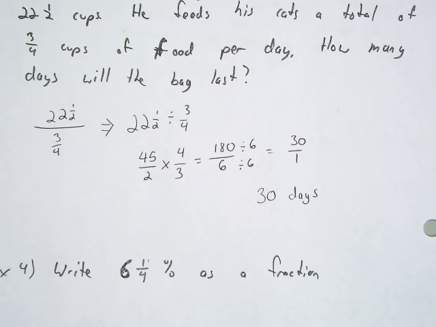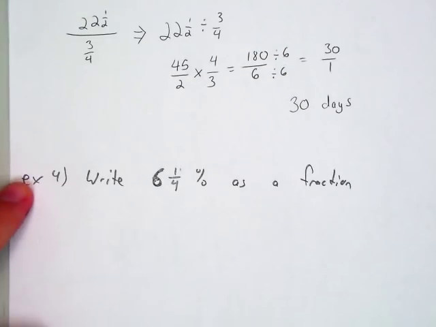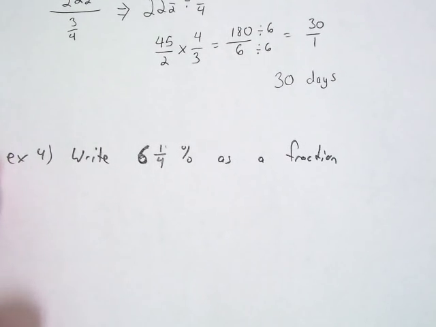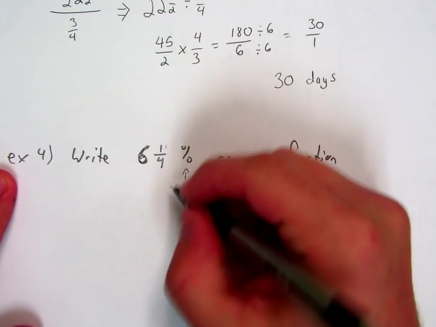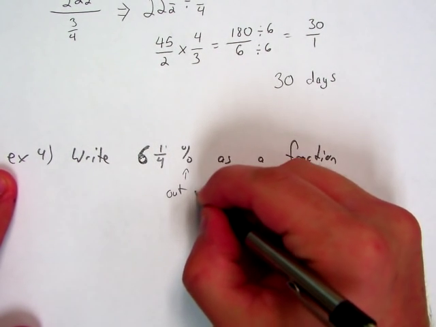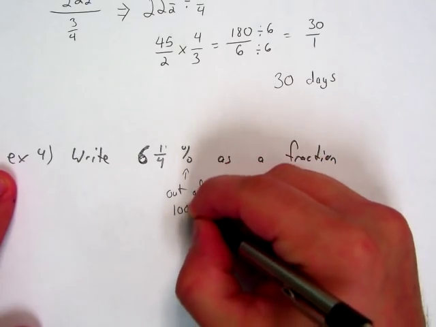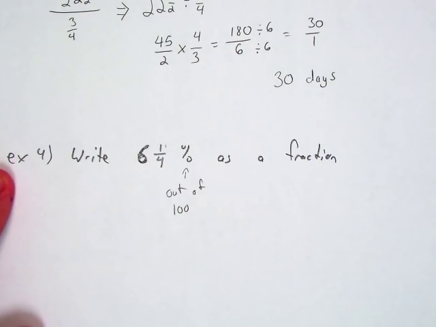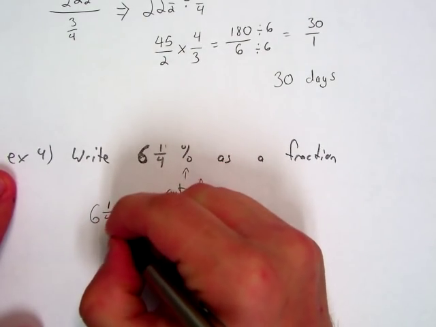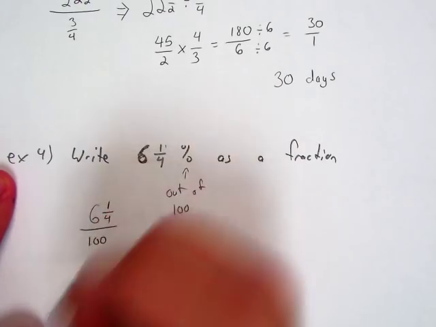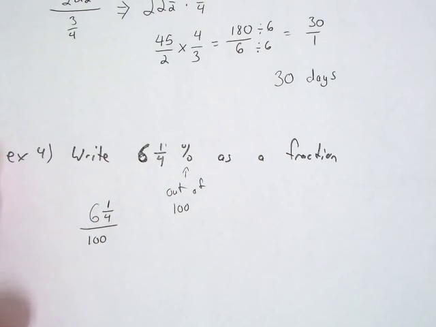And example 4, we can also use complex fractions to write percents as a fraction. So what I'm going to do, percent literally means out of 100. So I'm going to put 6 1/4 out of 100. I'm going to simply write down what the percentage is over 100.